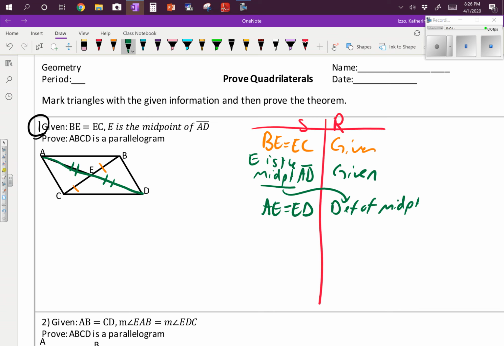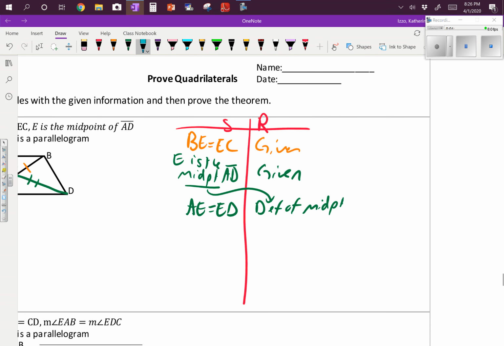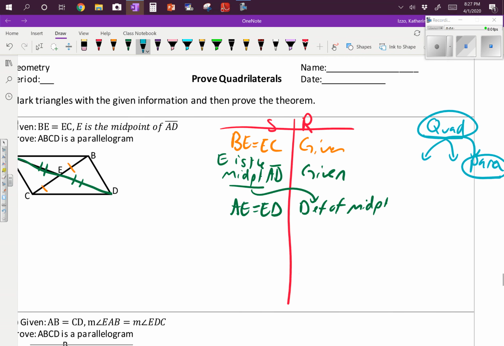We need to prove that this is a parallelogram. We have now run out of givens. That's exciting. Well, first thing that we always have to do when proving a parallelogram, it starts with a quadrilateral and then goes to our three different things. If we want to prove parallelogram, we have to start at quadrilateral.